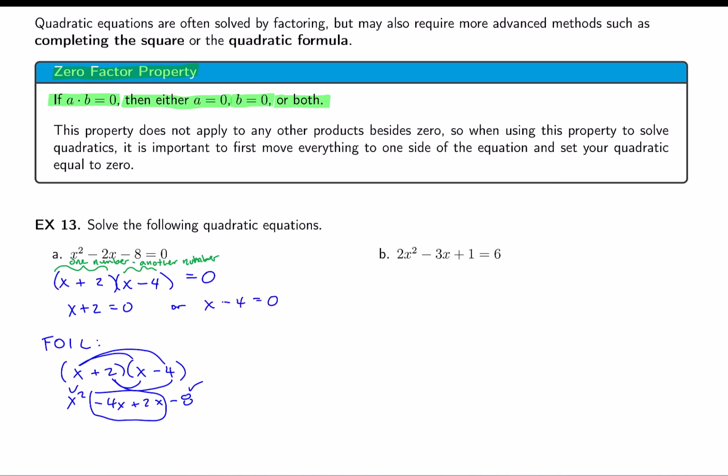Or it could be both. And we don't know which one's which, so we just assume the possibility that it's either one. It doesn't really matter. Which tells me that x equals -2 is a solution, and x equals 4 is a solution. So -2 and 4 solve that equation.